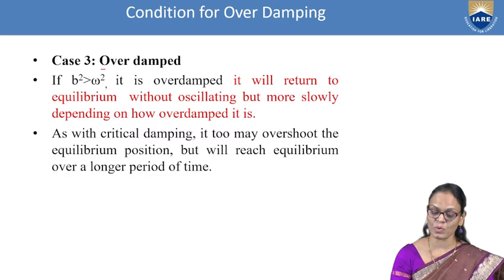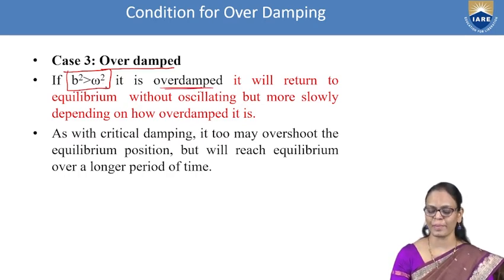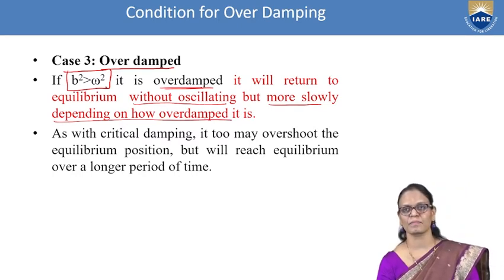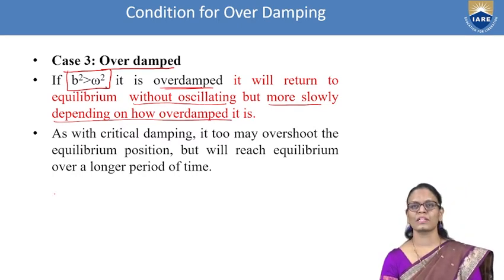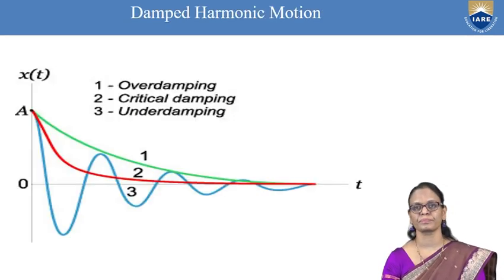The third one is overdamping. The condition for overdamping is B square greater than omega square. In overdamping also there are no oscillations, but it comes to rest more slowly, depending upon how overdamped it is. So these are the three conditions you will have to mention along with the definitions.